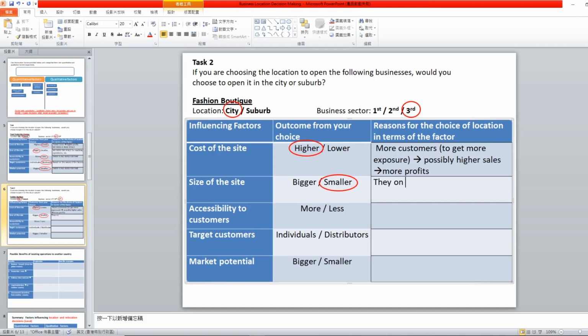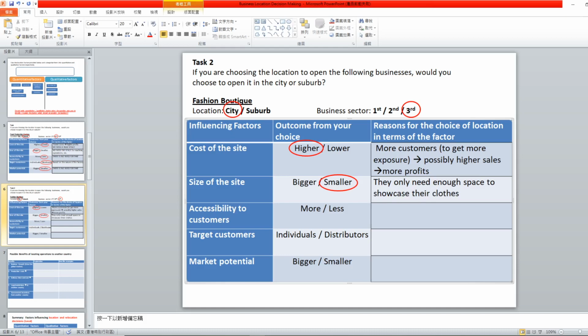They only need enough space to showcase their clothes.